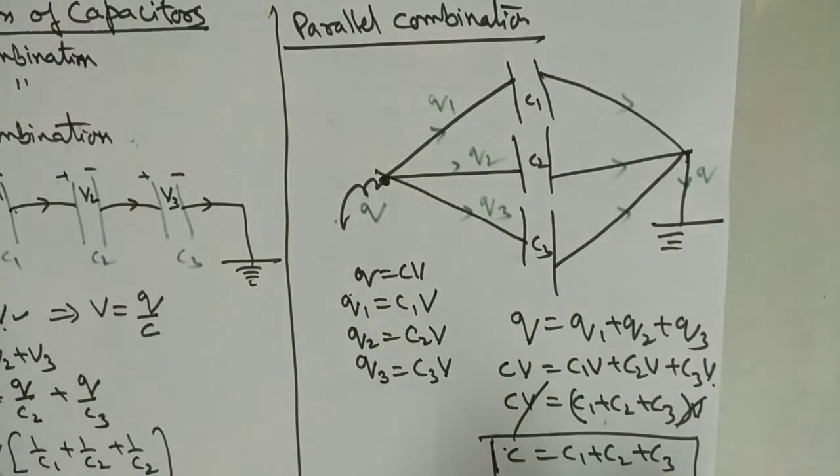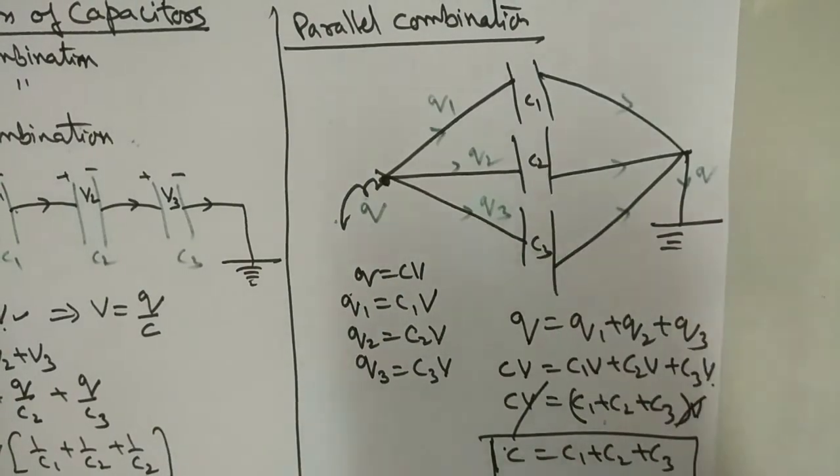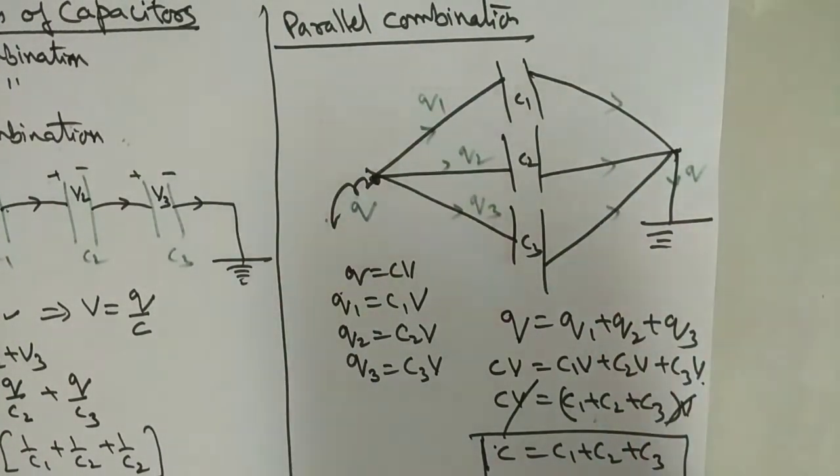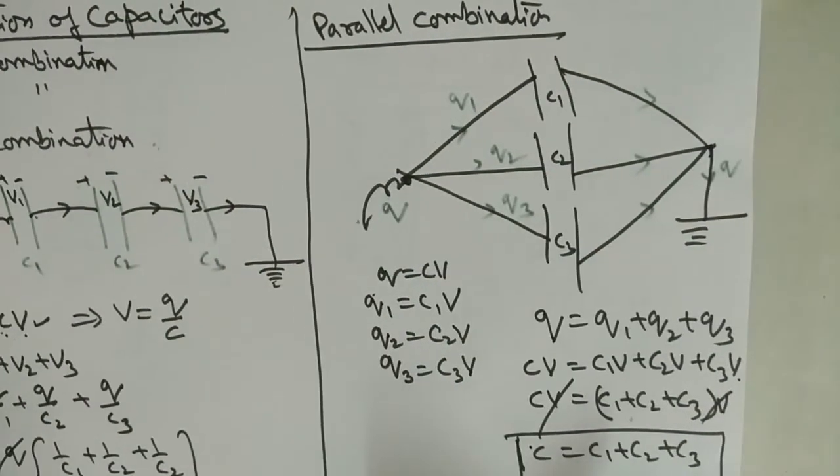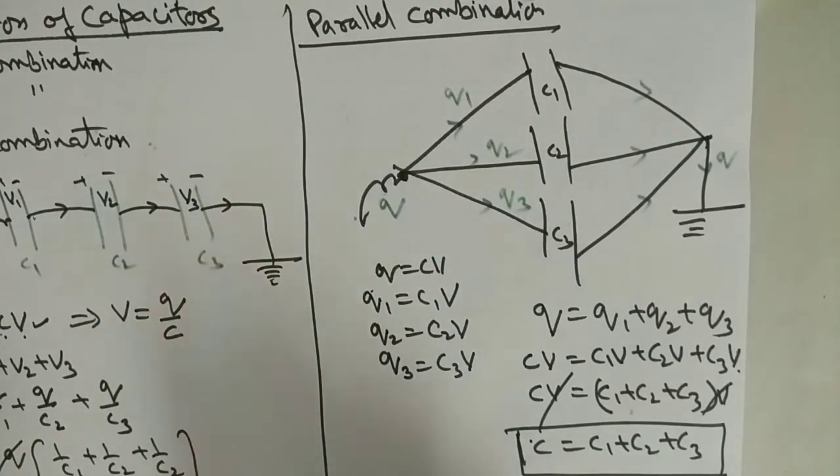You can take more than three also. In that case it will be C1 plus C2 plus C3 plus C4 plus C5 plus C6 also. So now see what are the properties. First property is that the potential is always constant.